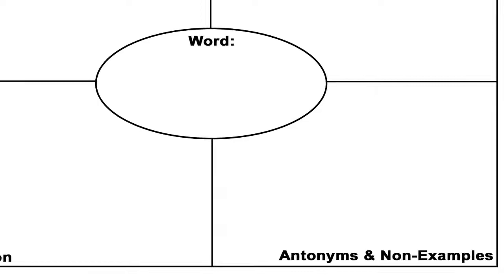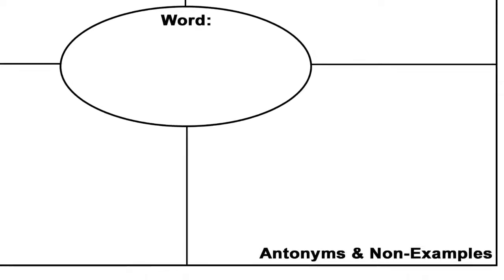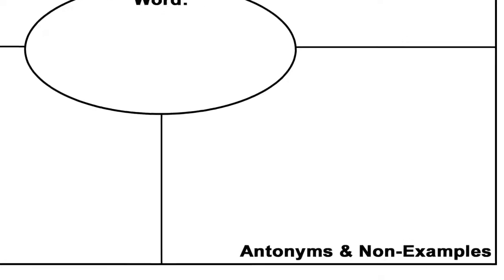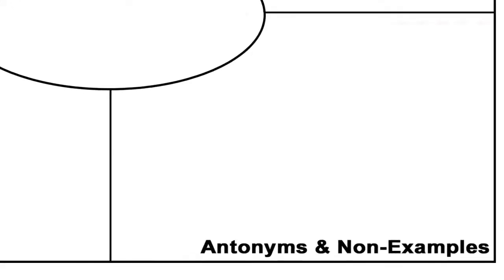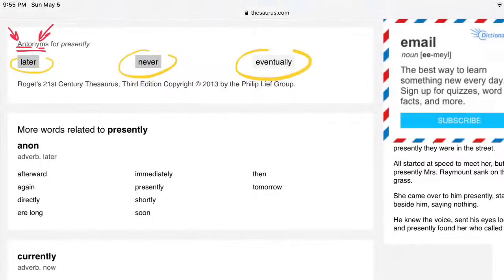So in this bottom right box on your diagram, you're going to put in antonyms and non-examples. What that means is you're going to put in words that are the opposite of, or really do not remind you of the definition of your word. On thesaurus.com, you have to scroll down a little bit, but you'll see antonyms at some point. Some words have more antonyms than others.